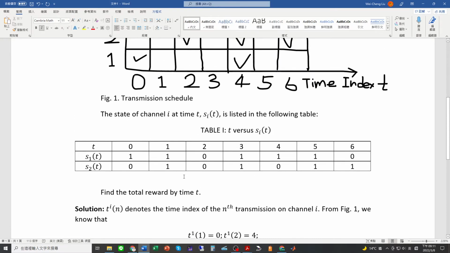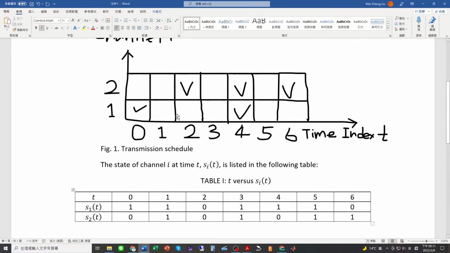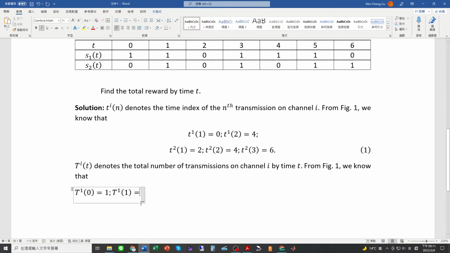Similarly, T1 of 2 and T1 of 3 are also equal to 1.